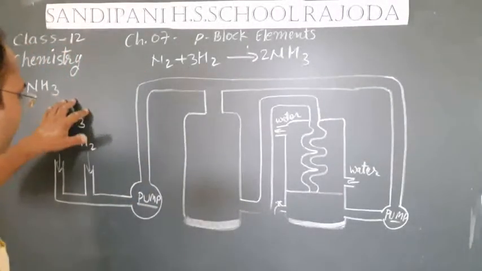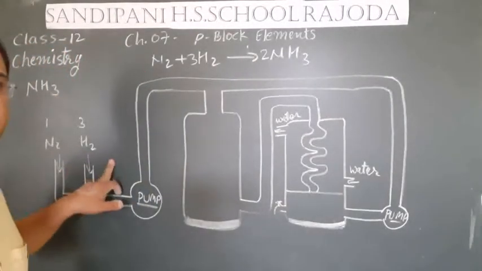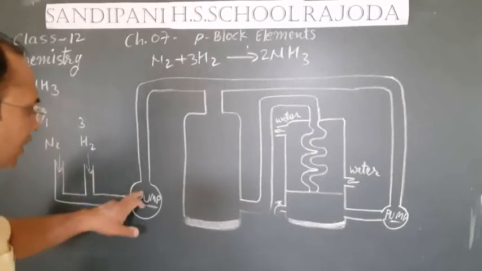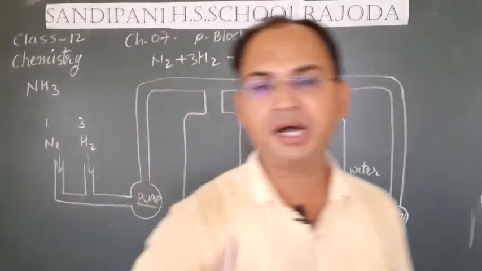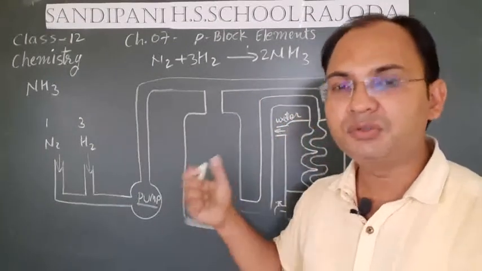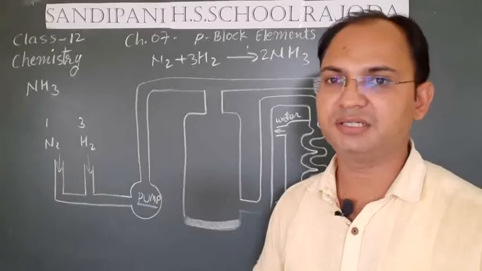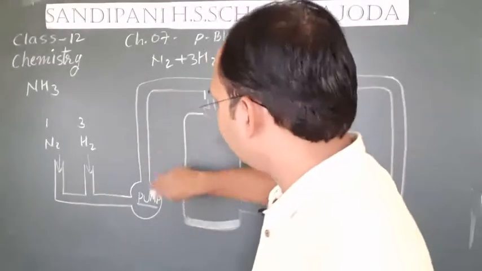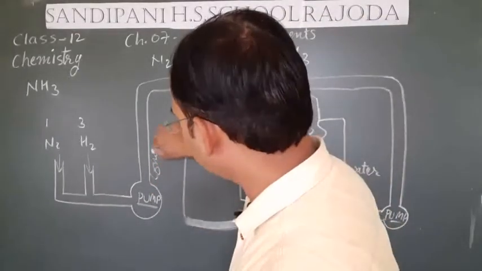Whenever we inlet the nitrogen and hydrogen, then with the help of a pump, high pressure is created. We have seen that 200 atmospheric pressure is required. So this pump acts as a compressor.